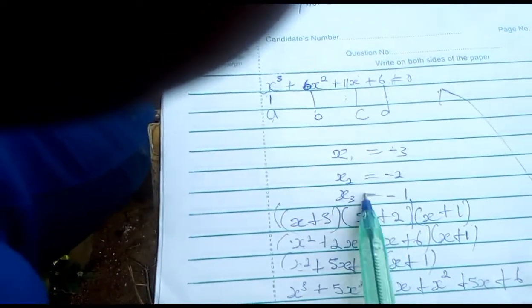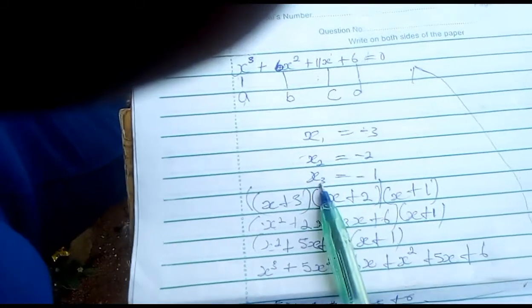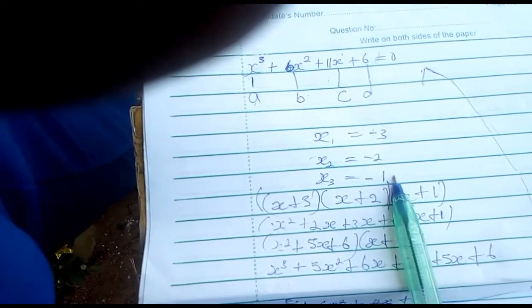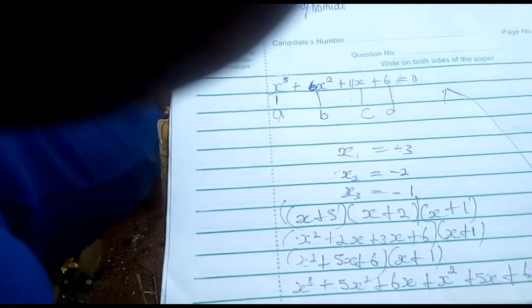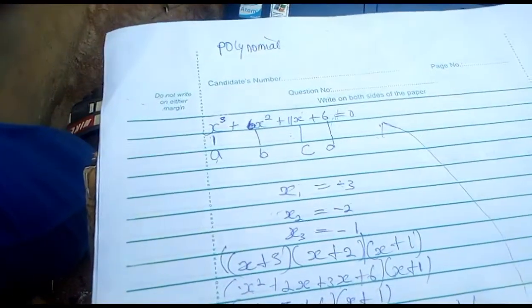That means that the roots of this equation are x equals minus 3, minus 2, and minus 1. Solved with the CASIO calculator. Thanks for watching.